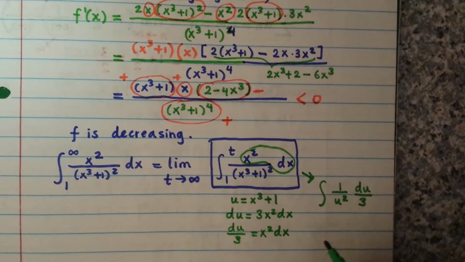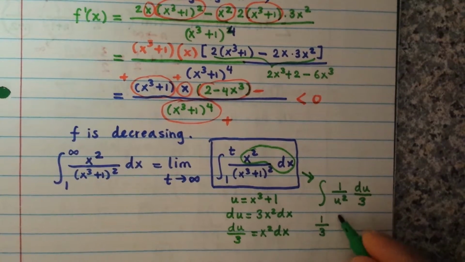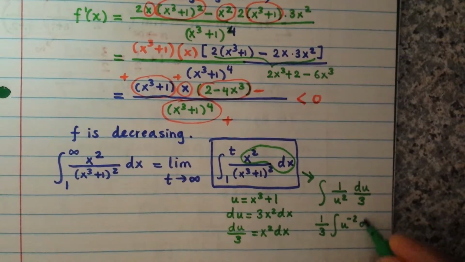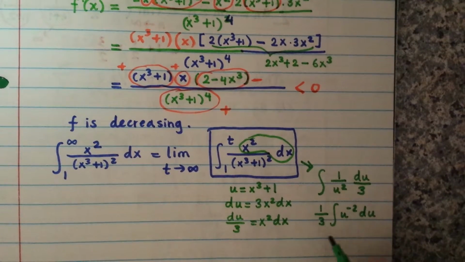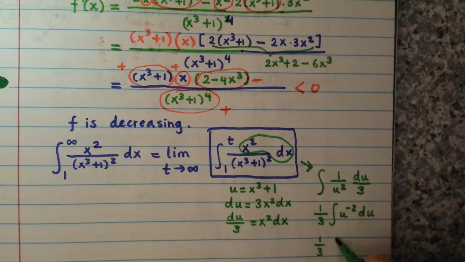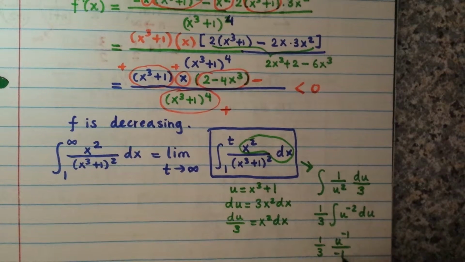This is just x squared dx, and the denominator is just u squared. And you can see I can write 1 over 3 out, and that will be u to the negative 2 du. If you integrate that one, that will be 1 over 3 times u to the negative 1 over negative 1.